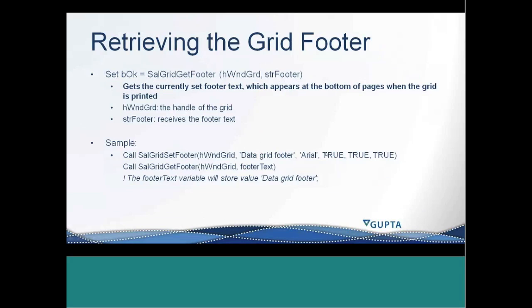And to retrieve, again, SalGrid get footer with 2 parameters, the handle of the grid and the receive for the footer text. So basically, as normally when we release new functions in TD, we always have a set of set and get functions, and that is no different for the header and the footer of the grid.